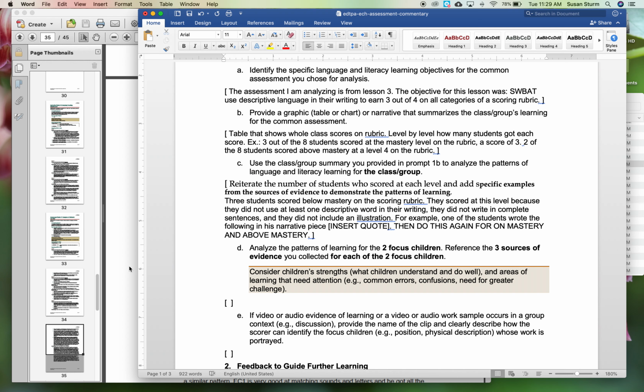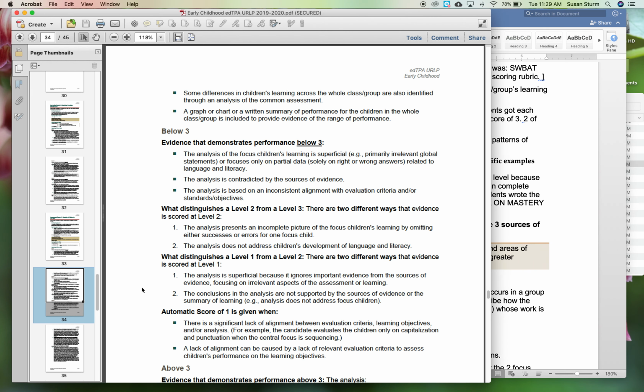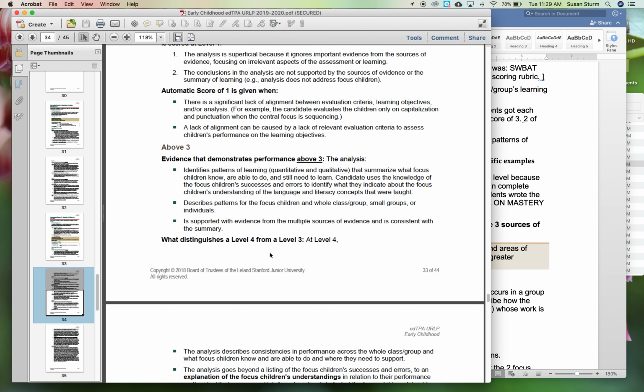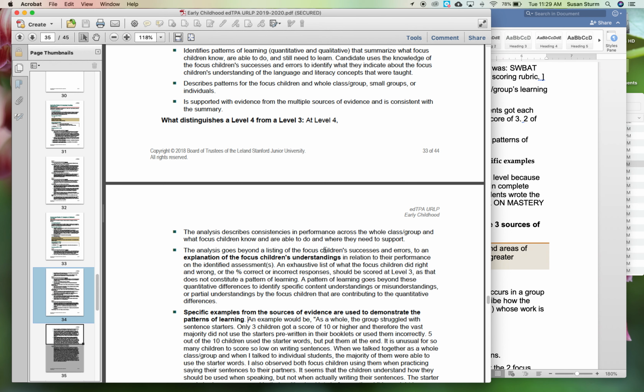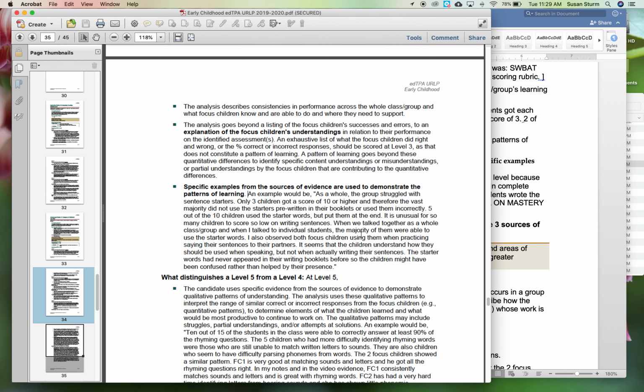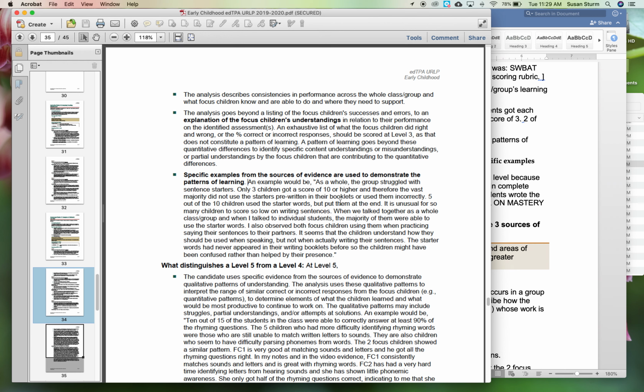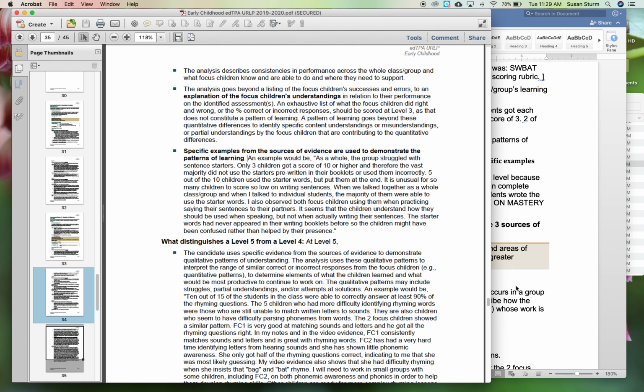Okay, let's see what else we're looking at for a level 4. Below. So their example, as a whole, the group struggled with sentence starters. Ooh, that's another good way to start.